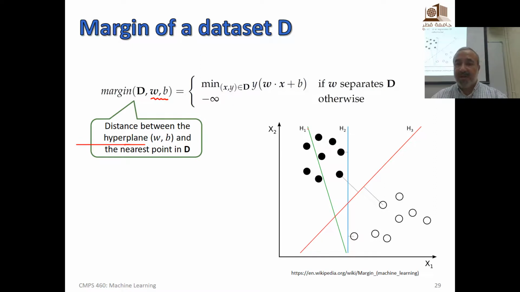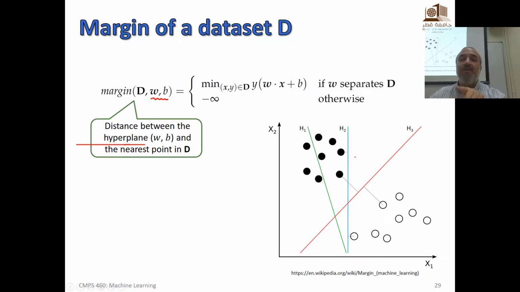Is H1, the green line here, separating the positive from negative examples? Okay, so this is not separating. So we're not talking about H1. Is H2 separating? Yes, it is separating between positive and negative examples, right?